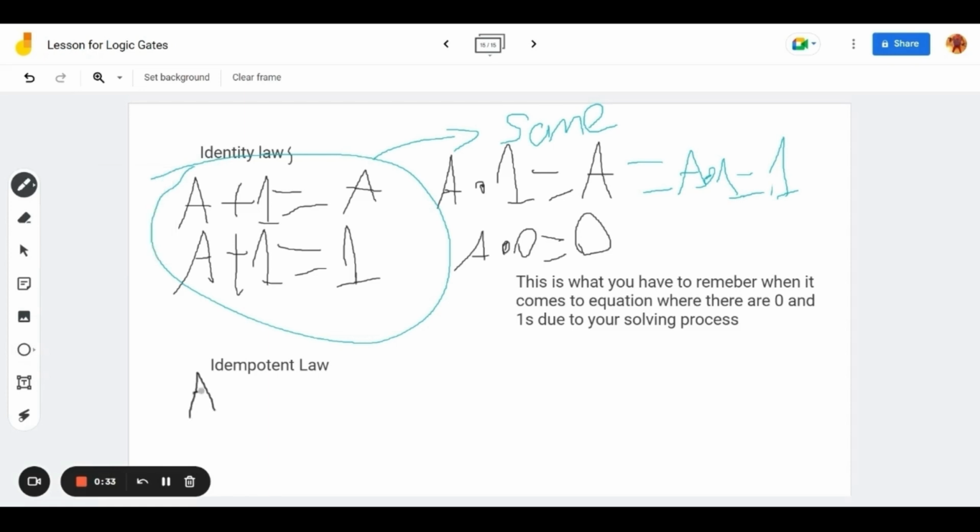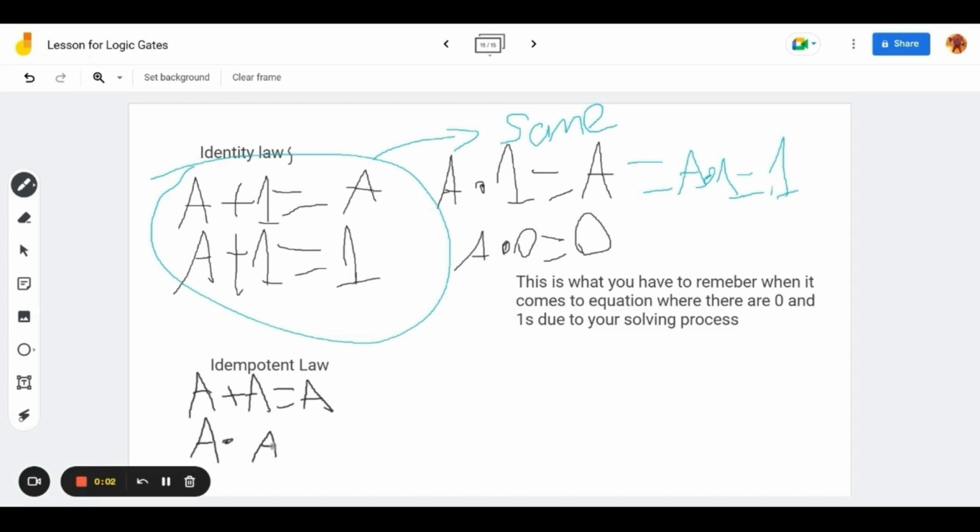A plus A equals A. So if you're ever in a situation where you have A plus A, just know it simply becomes A. That's what I meant by if there's two variables or inputs with the same inputs, then adding them together would equal the same input or variable, or if you're multiplying them together, they would equal the same variable or input.